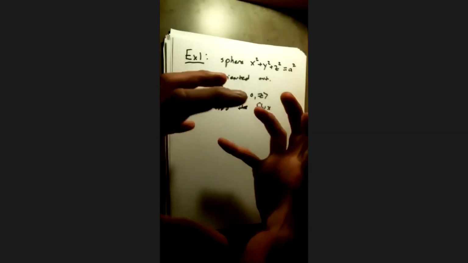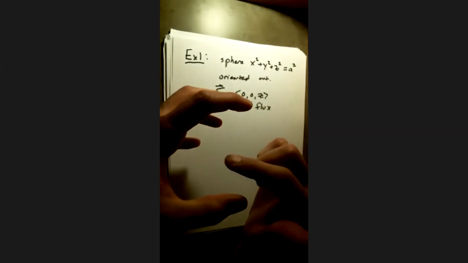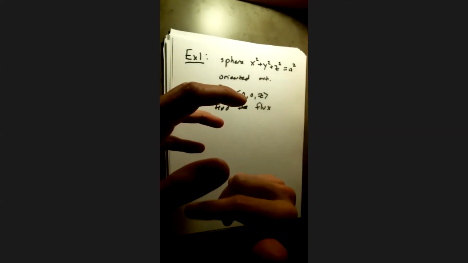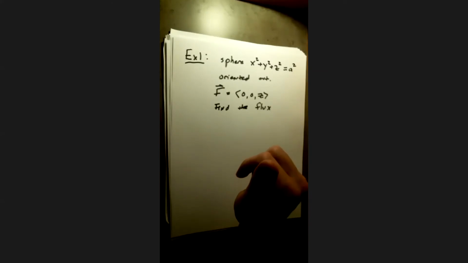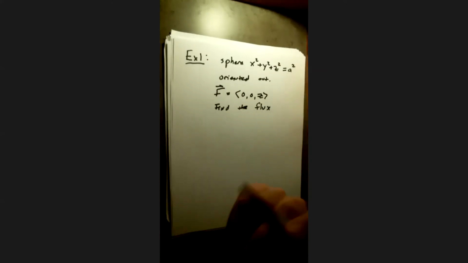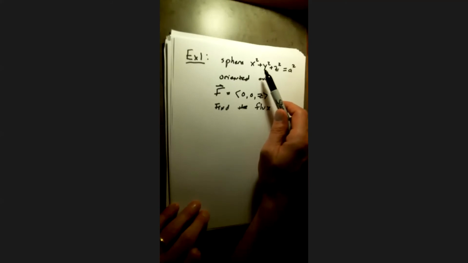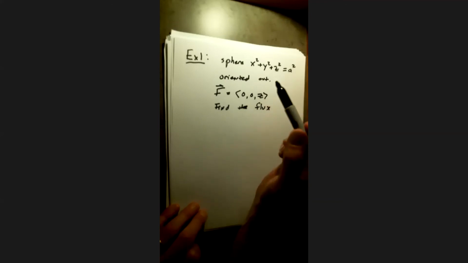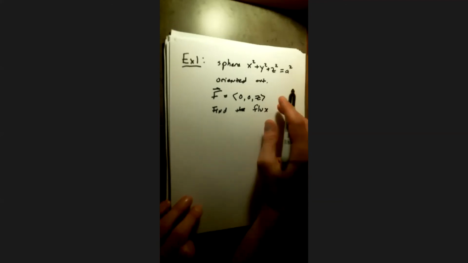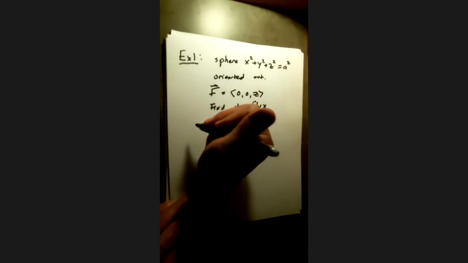So you have a ball, and we're asking how much stuff is going out of the ball. If we were to do this directly, we could parameterize the sphere with r of u, v and evaluate some sort of surface integral. But instead of doing it directly, we're going to do it indirectly using the divergence theorem.